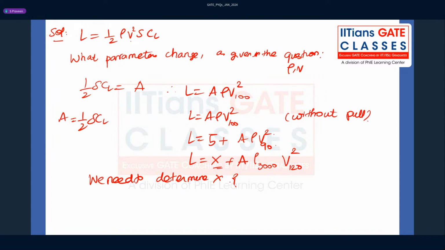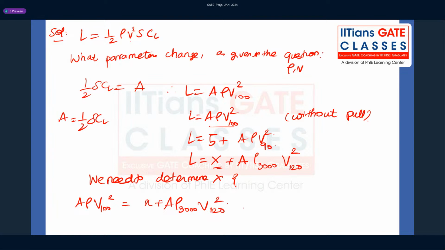So how will you determine the x? Just equate them. So I'll have A rho at sea level times 100 square equal to x plus A rho at 3000 times 120 square, right?